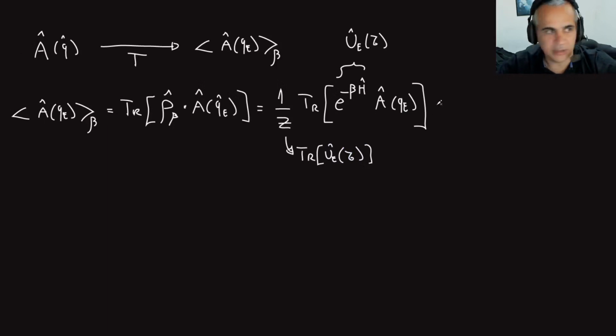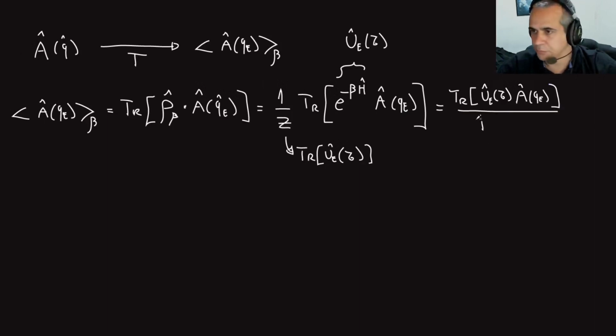Which means I can write this as the trace of U_E of tau, A of Q_E, over the trace of U_E of tau. Right? The main advantage we have now is that we know how to calculate these two things in terms of path integrals.